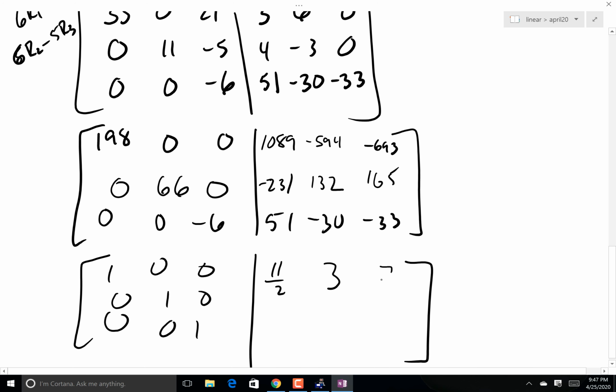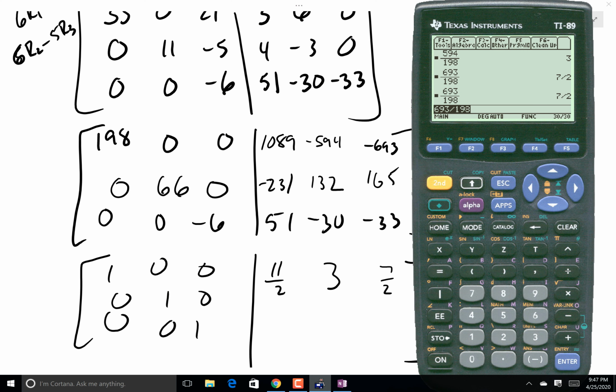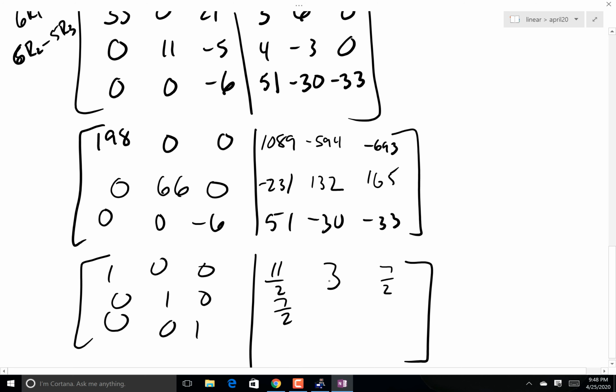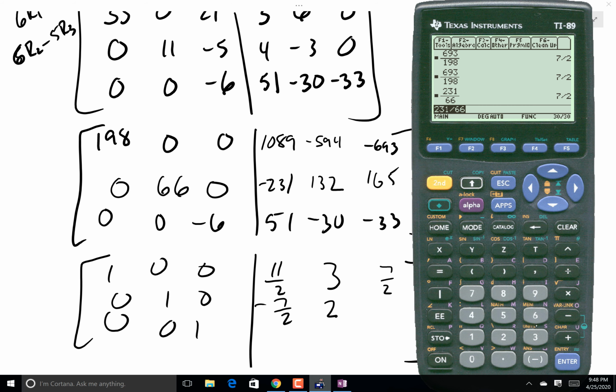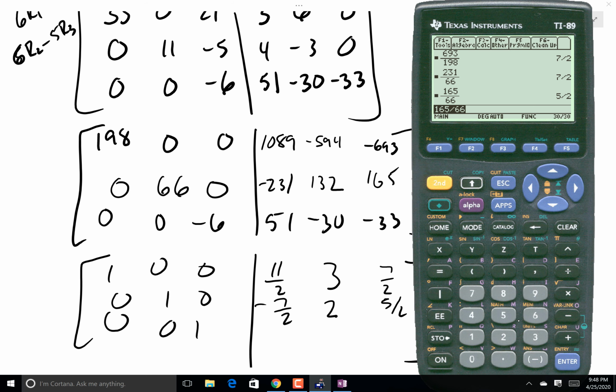But like 7 halves, on this next one you're going to see another whole number with a 2 on that one. So 7 halves. But 132 divided by 66 is just 2. And then 165 divided by 66 is 5 halves. So one could see so far you could make them all out of 2, right? And so it would work that way.